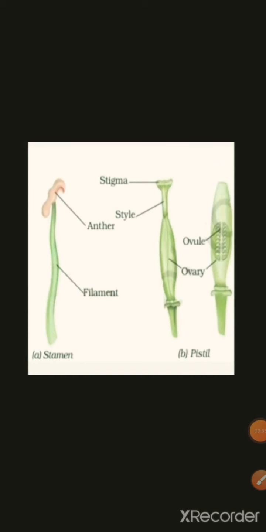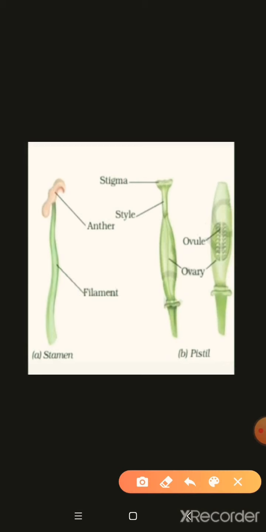See the parts of the androecium and gynoecium separately. The gynoecium consists of the carpel. Pistil is another name of the carpel, and it consists of stigma, style and ovary.